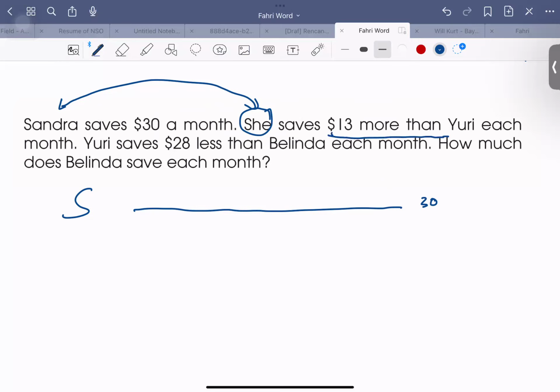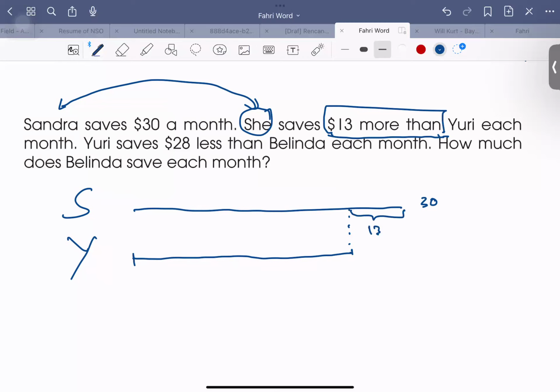What does it mean? Does Yuri have a longer line or shorter line? Shorter. So Yuri must have the shorter line, and the difference is 13. Cool.